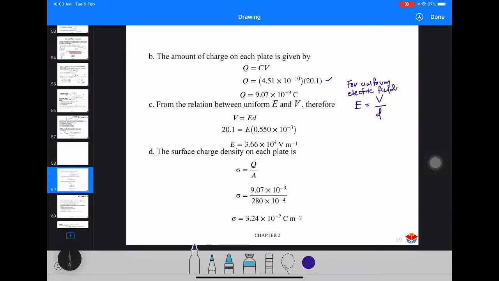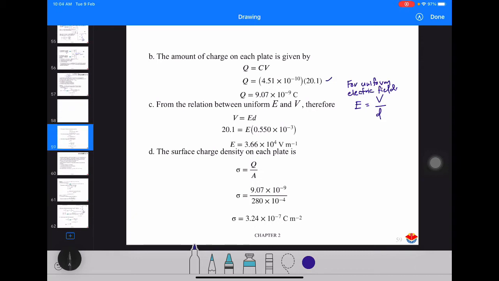So I can rearrange V equals E multiplied with D. Actually, the question wants to find E anyway, so just find the E. Substitute the V and D, and you should get the E.